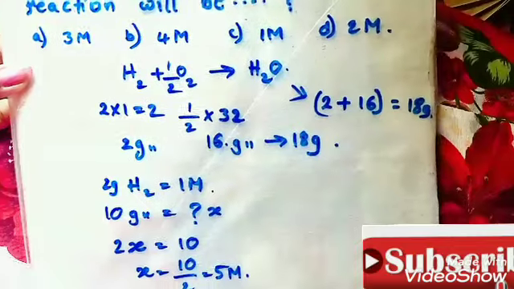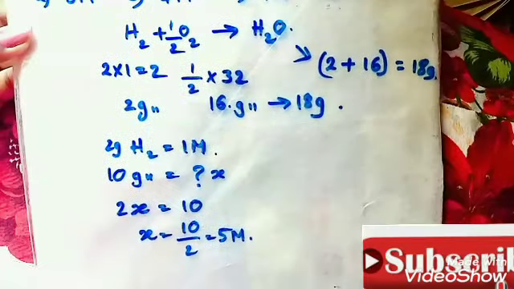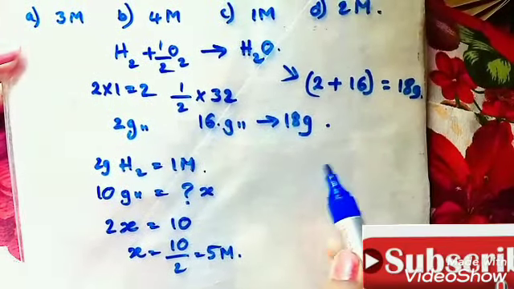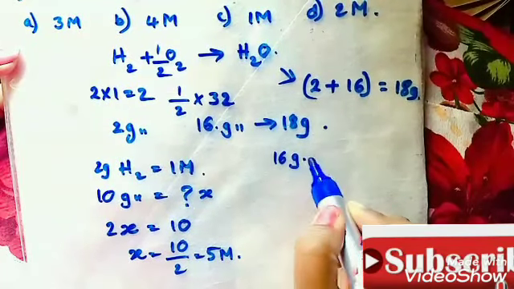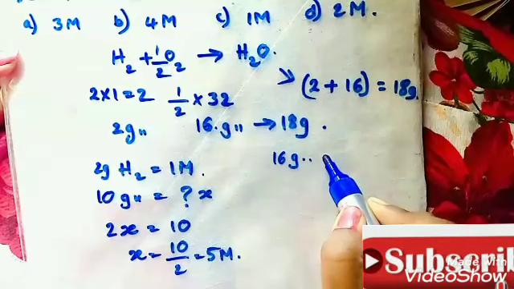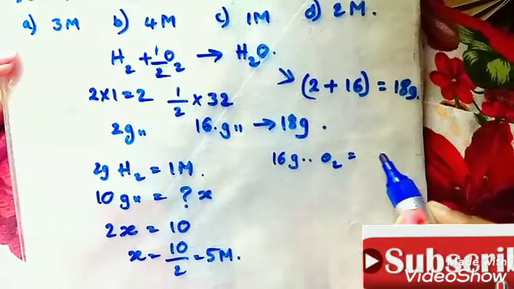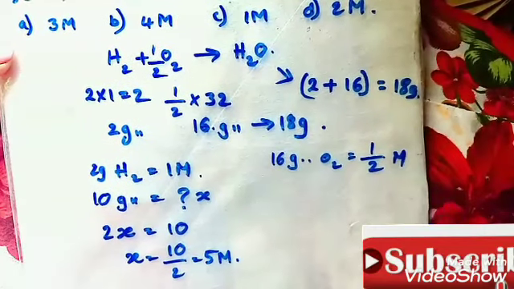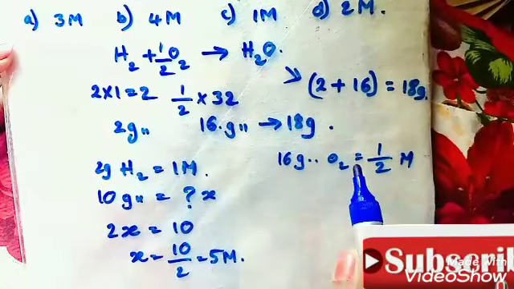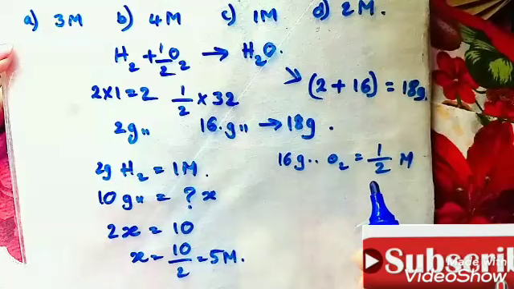Then what about oxygen? By seeing the chemical equation, 16 grams of oxygen is equal to 0.5 mole.